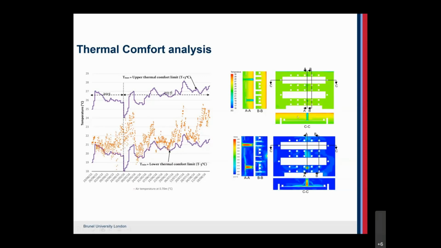Of course, there is stratification, with higher temperature, but this is above the seating level. And the air velocity contours show generally a range of 0.1 to 0.2 meters per second within the space, apart from some areas where they are directly under the air inlet.